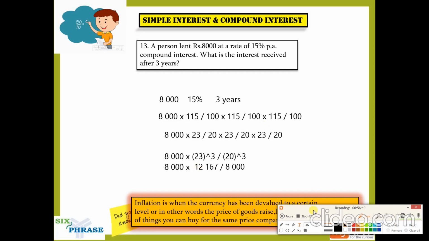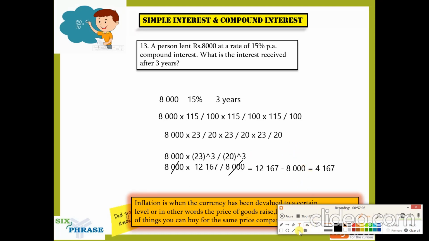Now this 8,000 and this 8,000 will get cancelled, guys. So you can cancel this out, and finally your answer is 12,167. And if you subtract 8,000 from this, which is the principal, you will get 4167 as the interest.